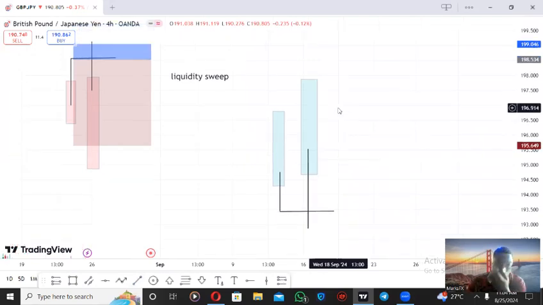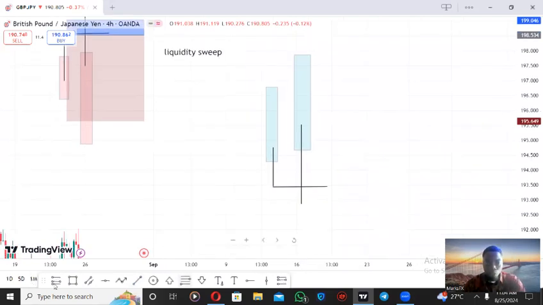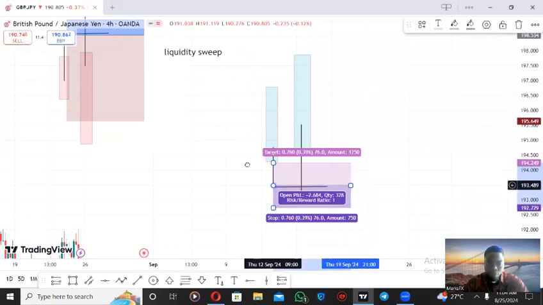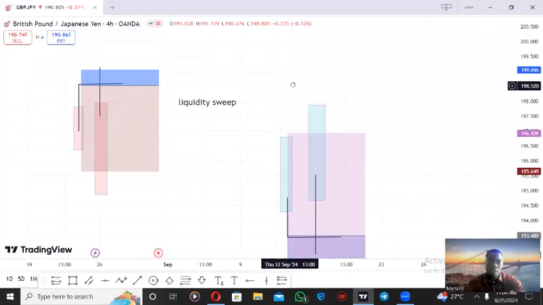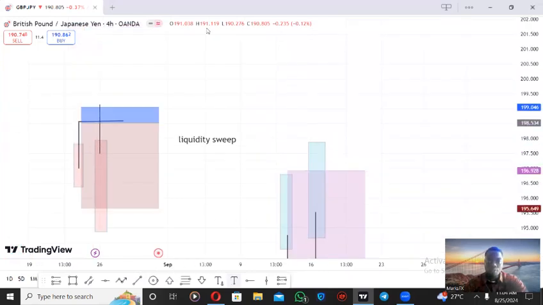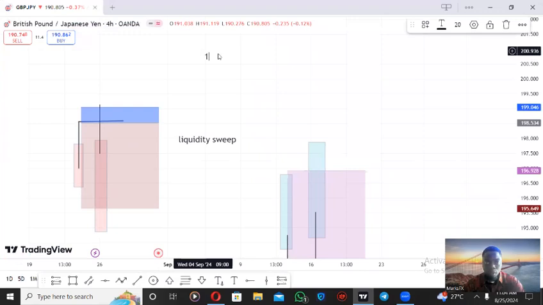So how do you now trade this? You will trade it by knowing the buyers first. The first thing to do here is identify the overall bias of the trend.